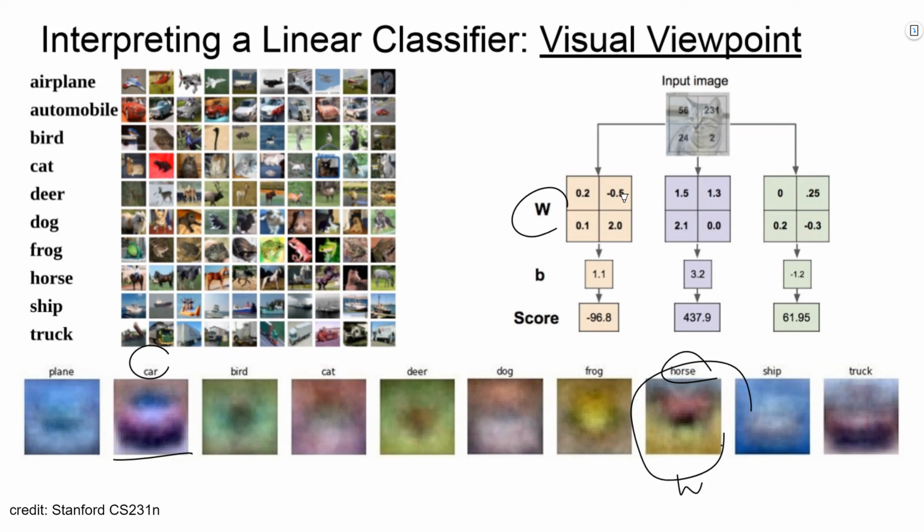So that's what this linear classifier is checking: the match between the input image and this template. If the match score is high, then the classifier will say, oh, this image is an instance of horse. Otherwise, if it matches with the frog template, then it says, oh, it's an instance of frog. That's what this linear classifier is learning. We are going to discuss how we can learn these templates effectively in the optimization class.